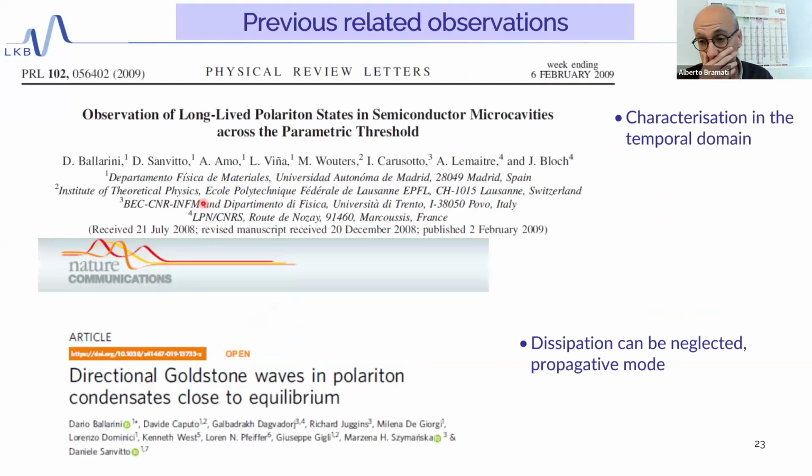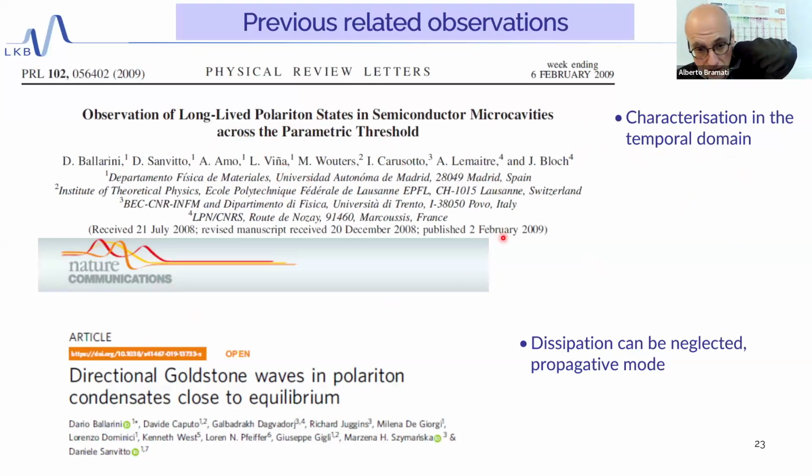These Goldstone modes were studied in the past in the group of Jacqueline Bloch and Daniele Sanvito, and in particular they characterized the behavior of this Goldstone mode in polariton in the temporal domain, observing long-lived polariton state across the parametric threshold.